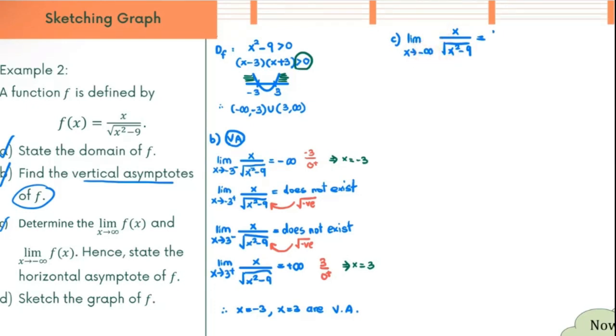So here saya tunjukkan ringkasan jalan kerja lah sebab kita dah faham dah pun. Here will be divided by x over, saya letak negatif. Kenapa saya letak negatif? Because x kita approaching negative infinity.